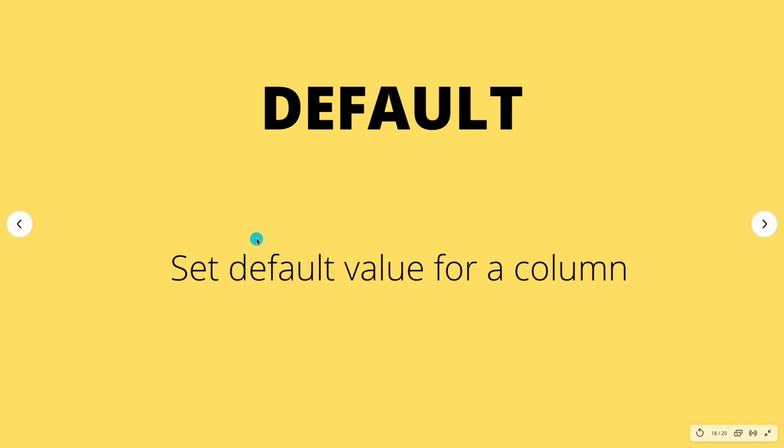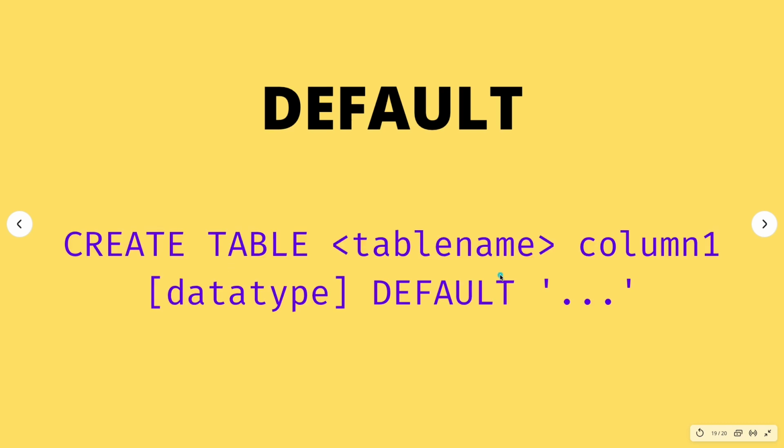So moving on, lastly, we are going to actually be touching on the default constraint. So essentially what it does is that you actually set the default value for a column. So for the syntax, it's actually quite simple. We do a create table, we write in the table name, we write in the column name that we want, the data type, and then we type in a default.